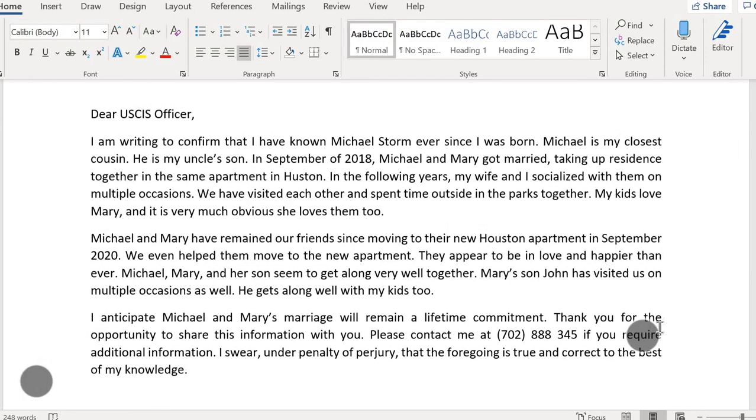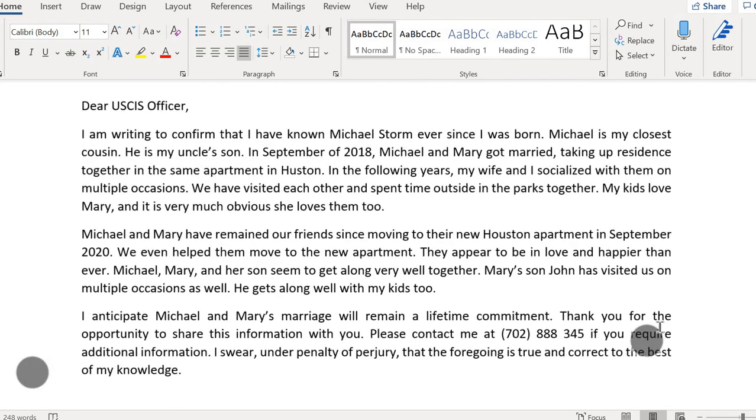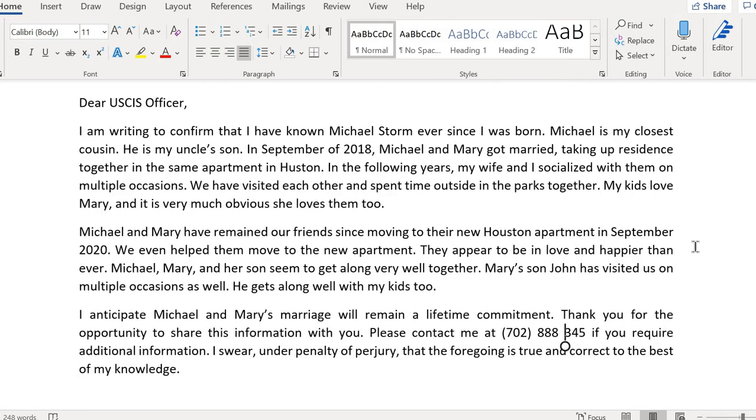So basically, you can see what's written here, and you can of course change the body form and tell your own story.